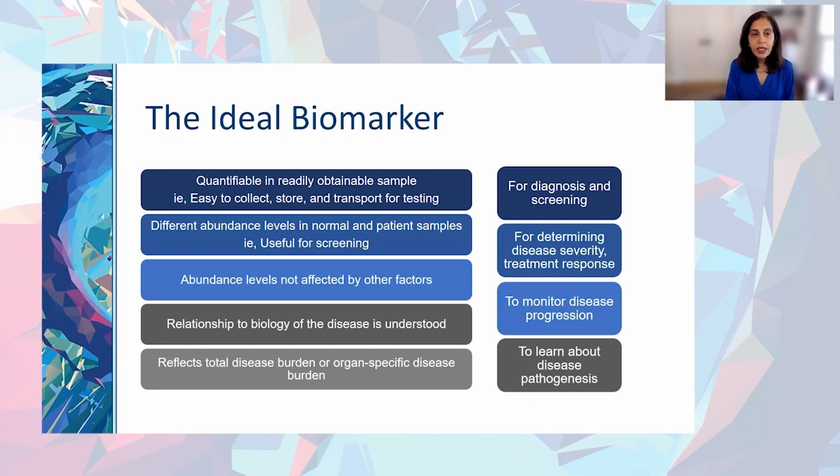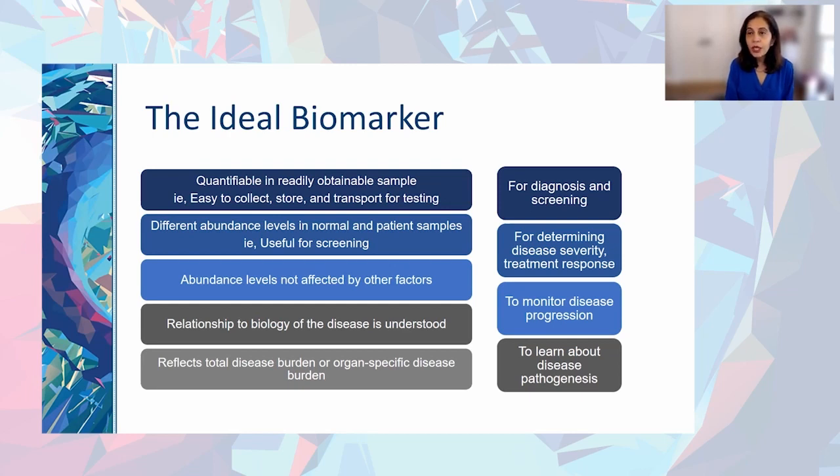The second is that there should be different abundance levels in normal versus patient samples. So again, useful for screening purposes and then being more specific for that particular disease. The third is that the abundance levels are not affected by other factors. Fourth, there should be a relationship to the biology of the disease, which is then understood. And fifth, it reflects the total disease burden or organ-specific disease burden.